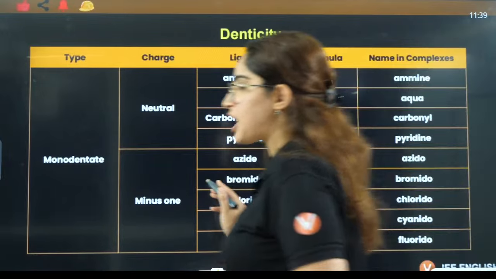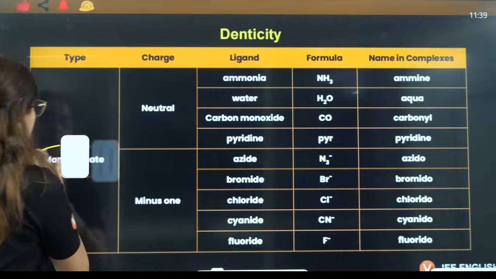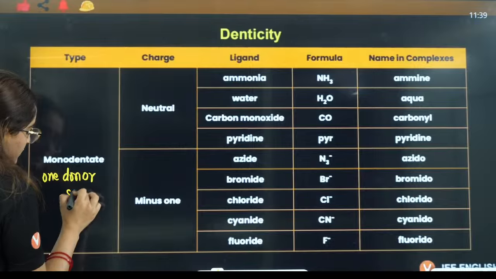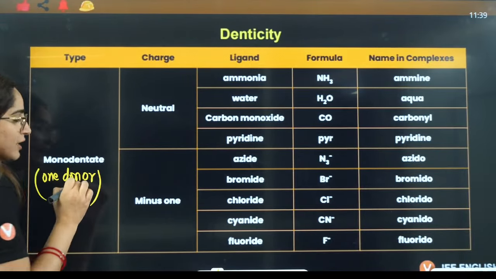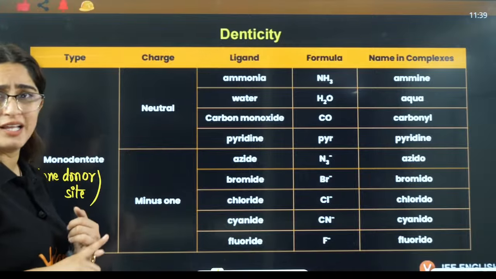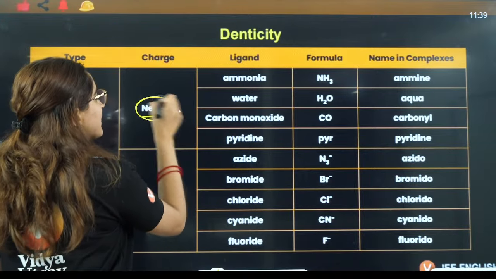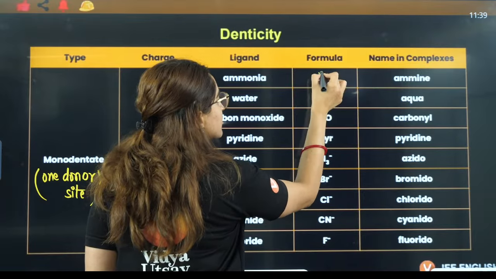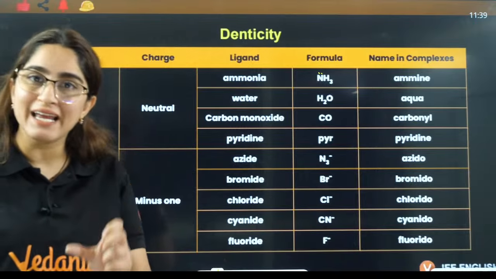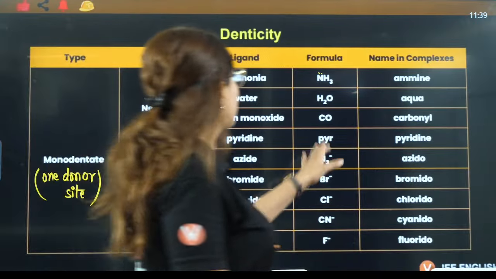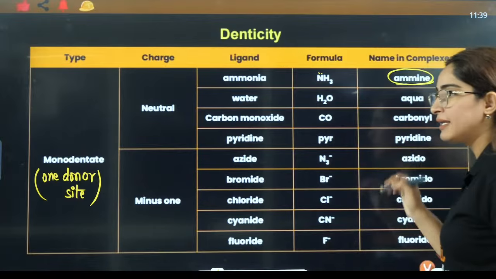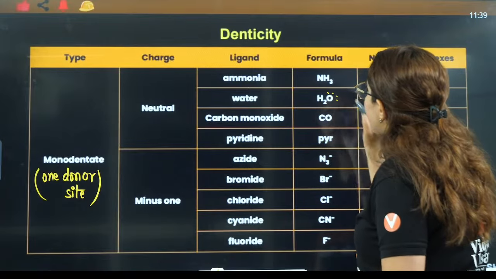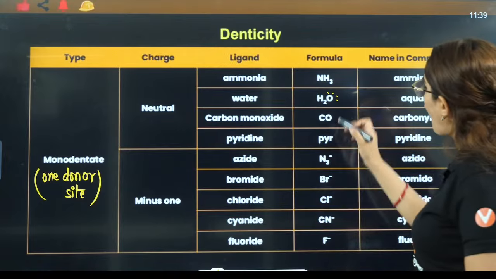In this chart, monodentate means one donor site. Neutral ligands with one donating site, for example ammonia, are written in ligand form as ammine, spelled AMMINE. Then we have water, which has one donor site on the oxygen.